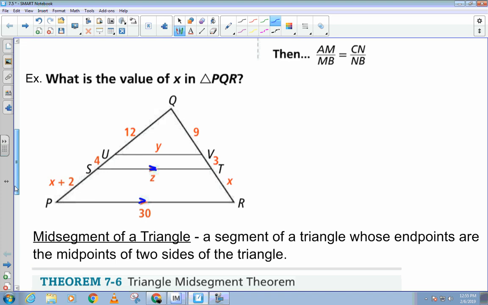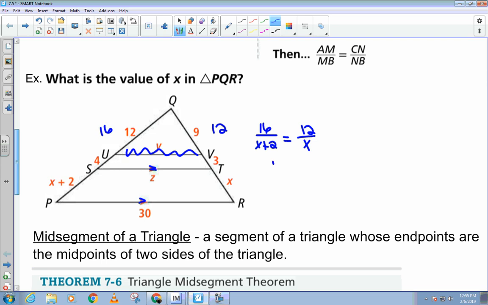It can't be just 4, because something like this is not there right now. So it would have to be 16 and 12. How would I set that up? 16 over x plus 2 equals 12 over x. So 16 is to x plus 2 as 12 is to x.